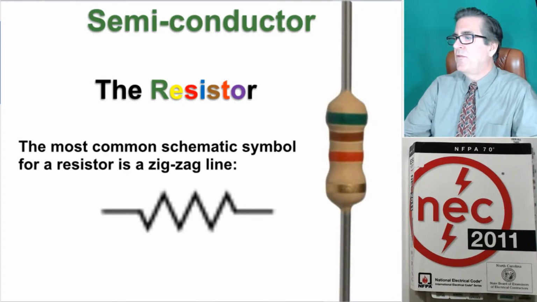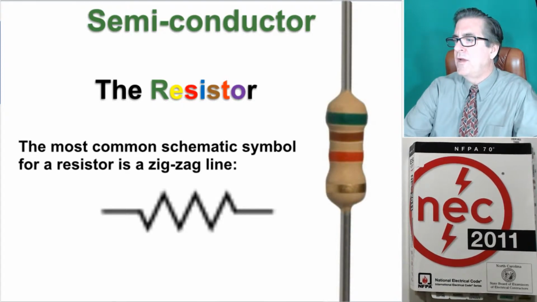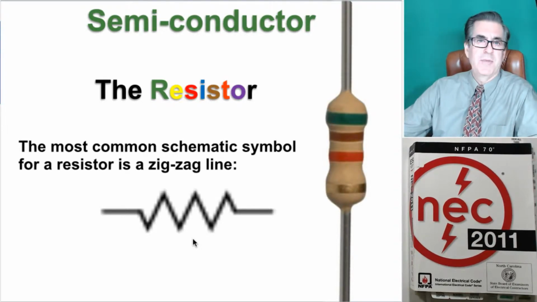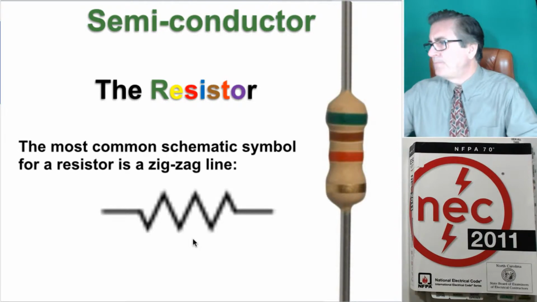In any case, that's a resistor. Below there you can see the schematic representation of the resistor. It's just a zigzag line. That's something you're going to want to remember, because those are going to be in some of your circuit diagrams.